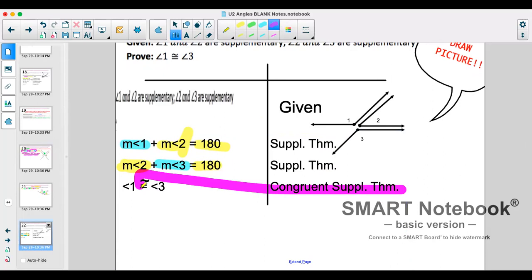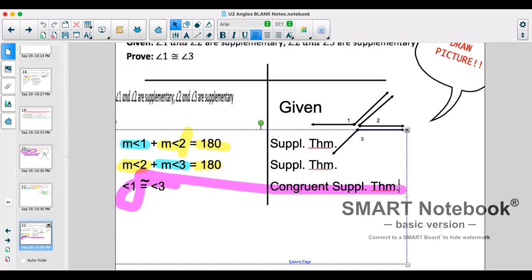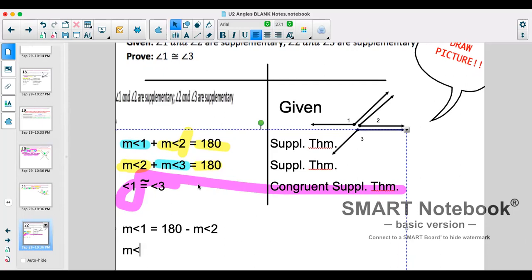So I'm going to highlight right here because we won't be using that one right now. But I could technically get there in multiple steps. So if I just picked up right there at step 2 instead, I could say the measure of angle 1 equals 180 minus the measure of angle 2, and the measure of angle 3 equals 180 minus the measure of angle 2.